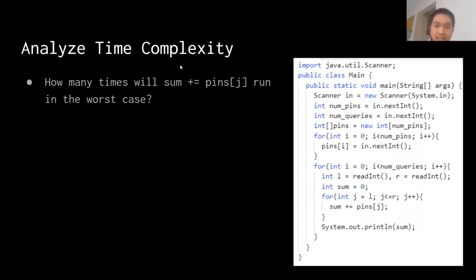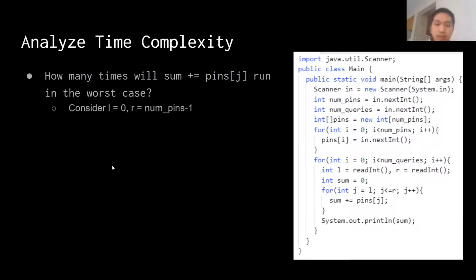Okay, so we got a couple of guesses. A couple thousand times, 1,000,000. I want you to think in terms of the number of queries and the number of trees. How would you express that as a mathematical expression? I guess you guys were very close.